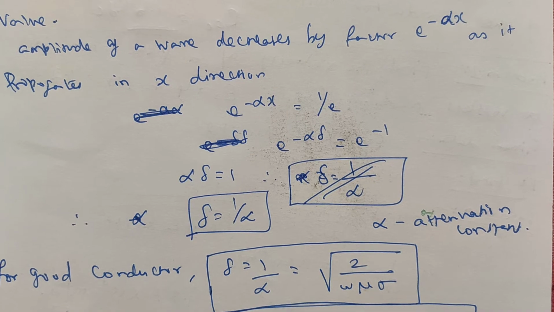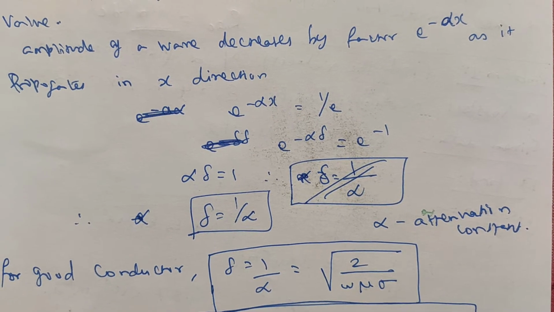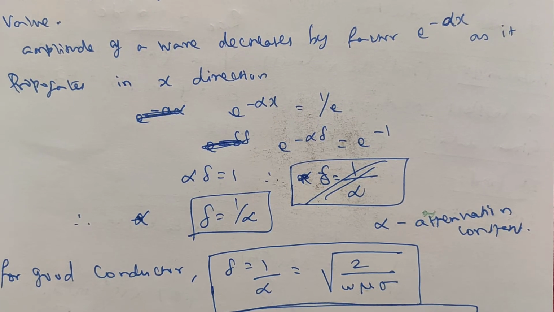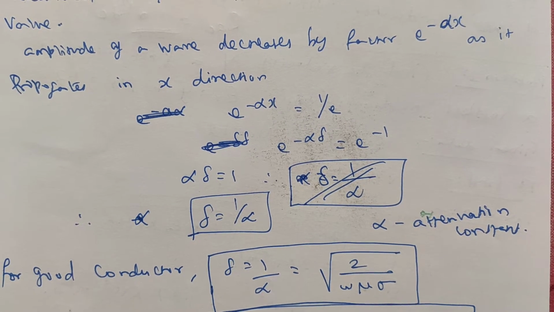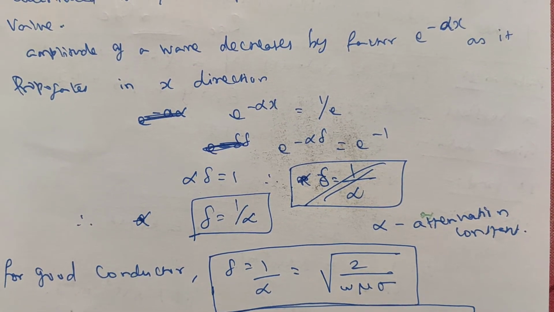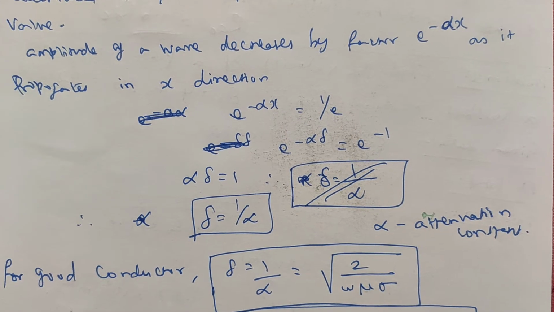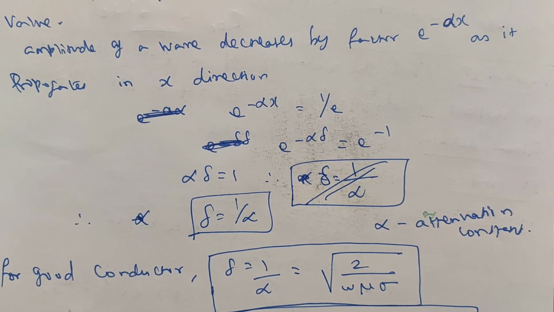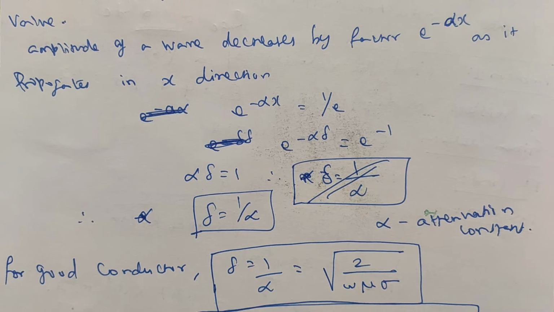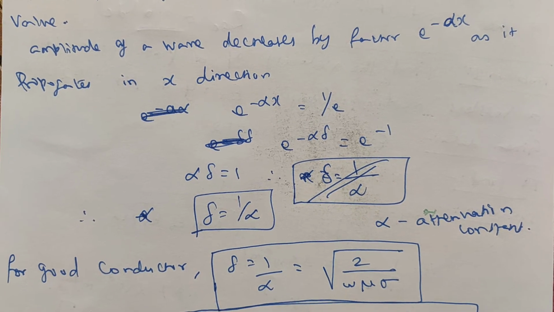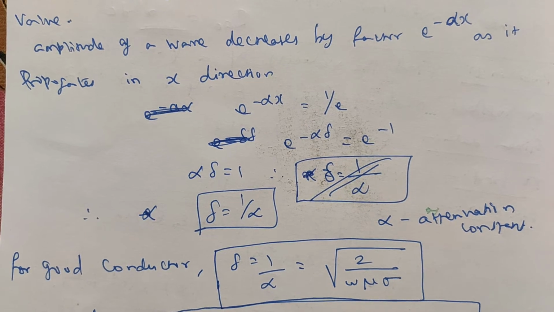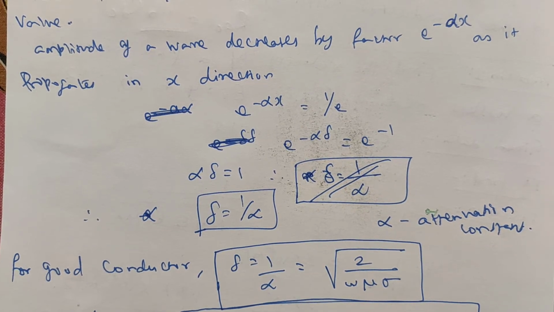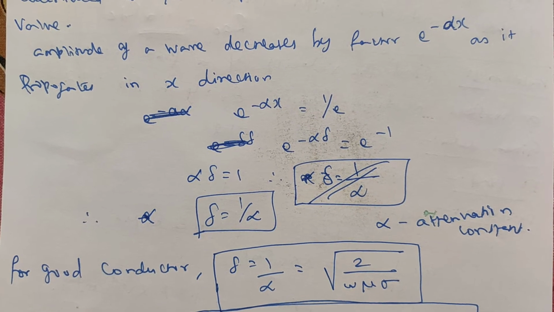That is, we are taking a wave which is propagating in the x direction, and the wave is getting attenuated by a factor of e^(-αx). So e^(-αx) is equal to 1/e by the definition of the skin depth. So e^(-αδ) is equal to e^(-1). X is replaced by the skin depth thickness.